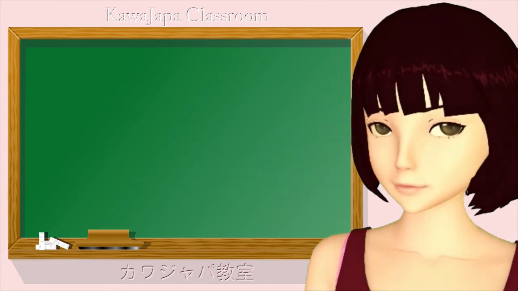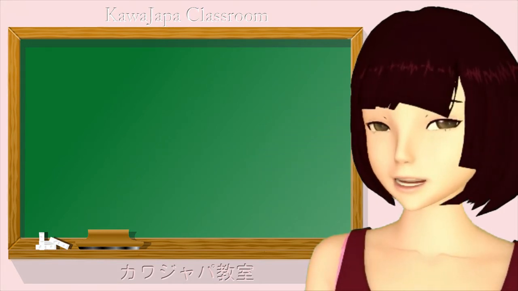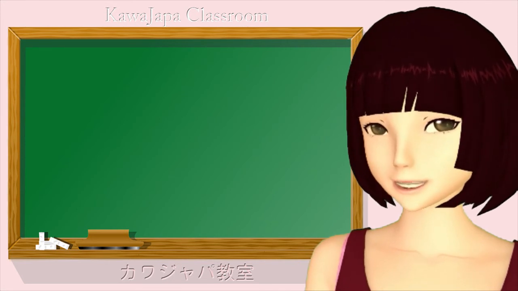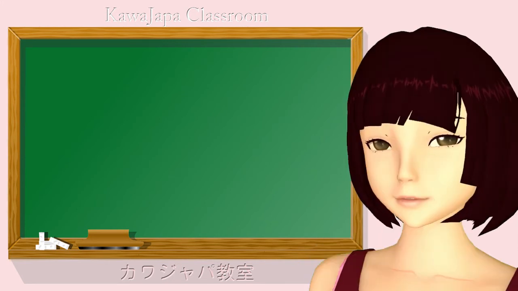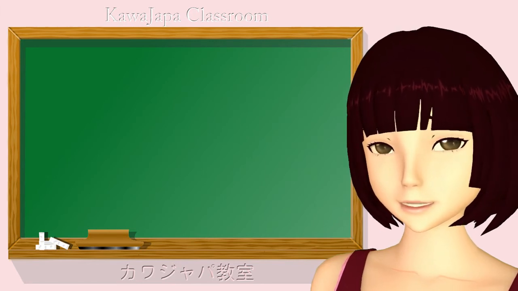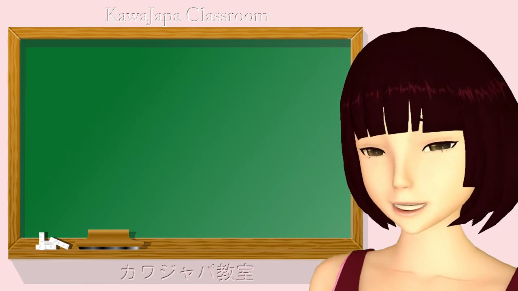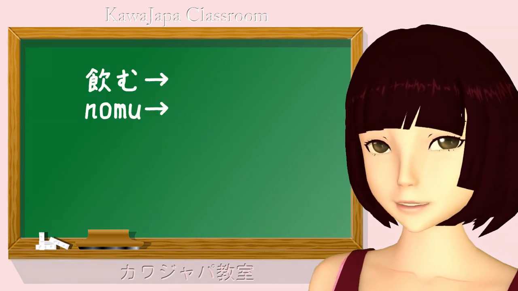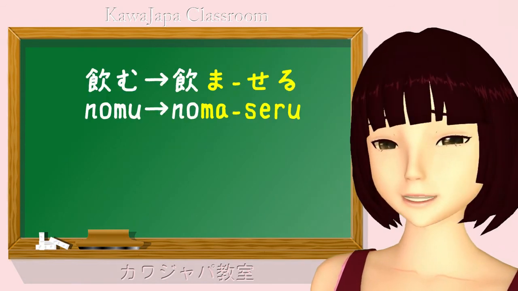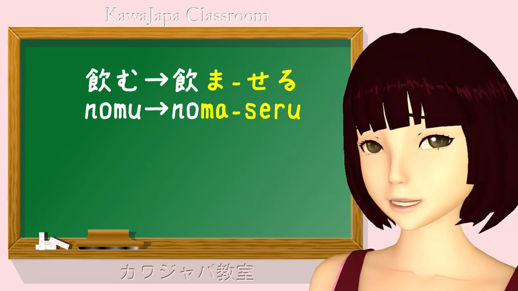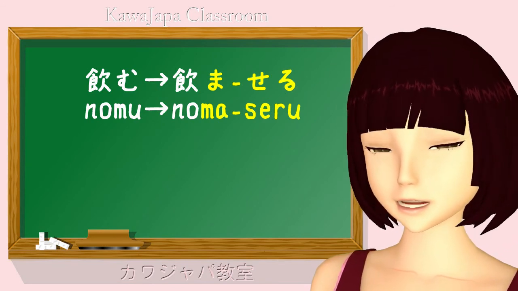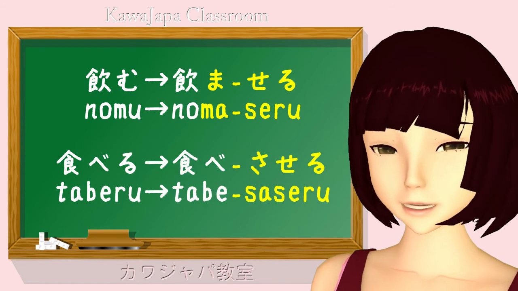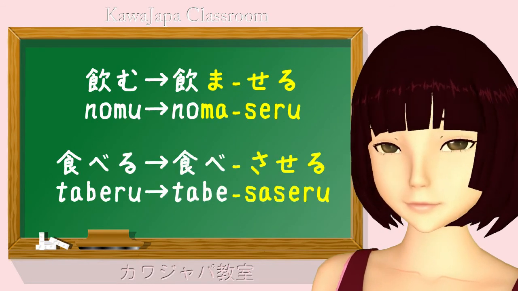The helper verb for the receptive form is reru, rareru, and the helper verb for the causative form is seru, saseru. With godan verbs, they attach to the plain past stem, the a ending stem of the verb. So nomu becomes nomaseru, and with ichidan verbs, they simply attach to the verb stem. Ichidan verbs always have the same stem, which you make just by taking the ru off.